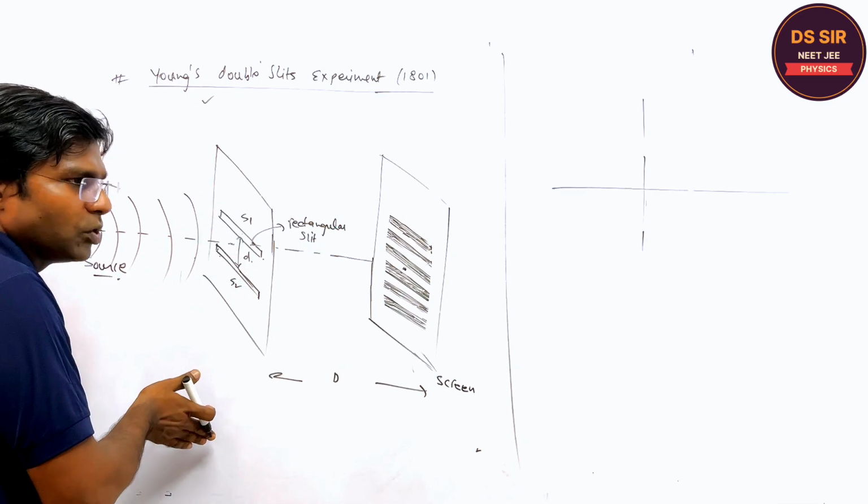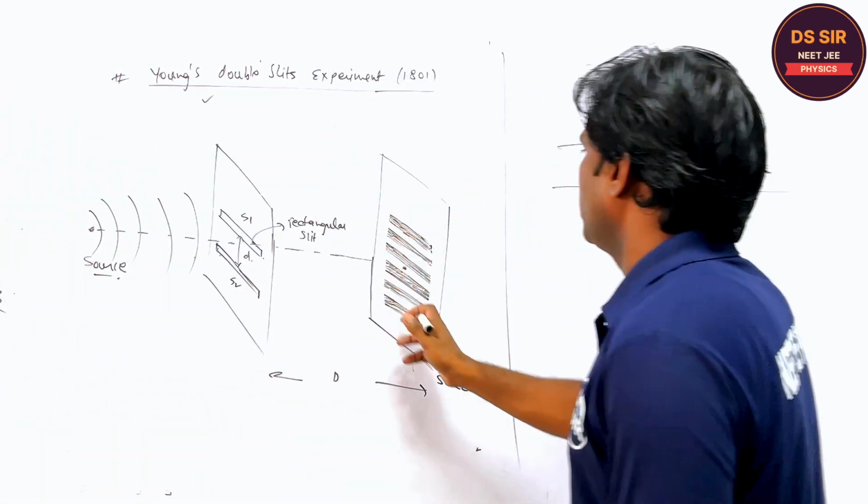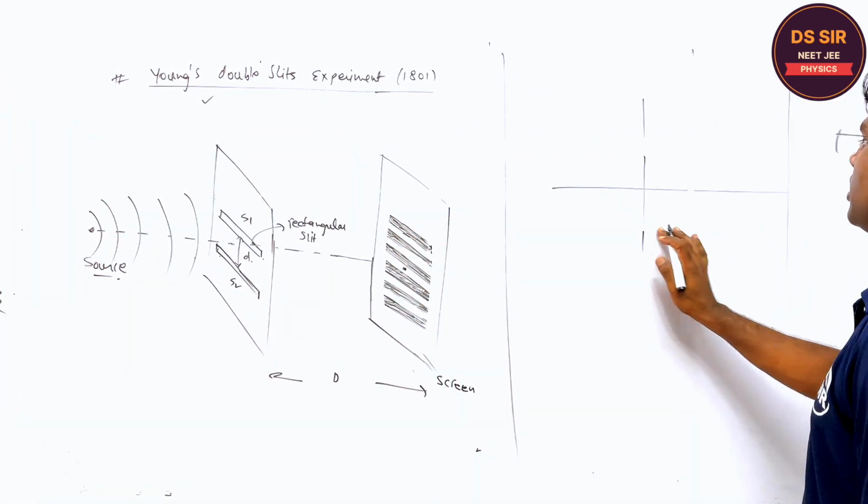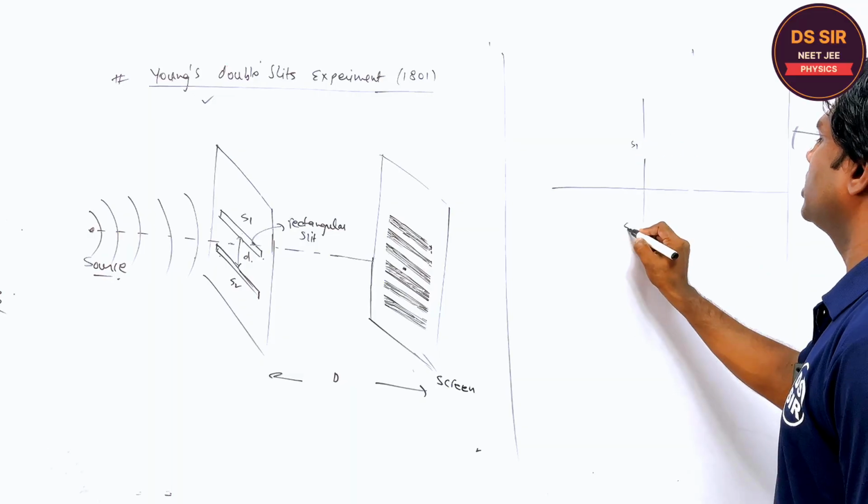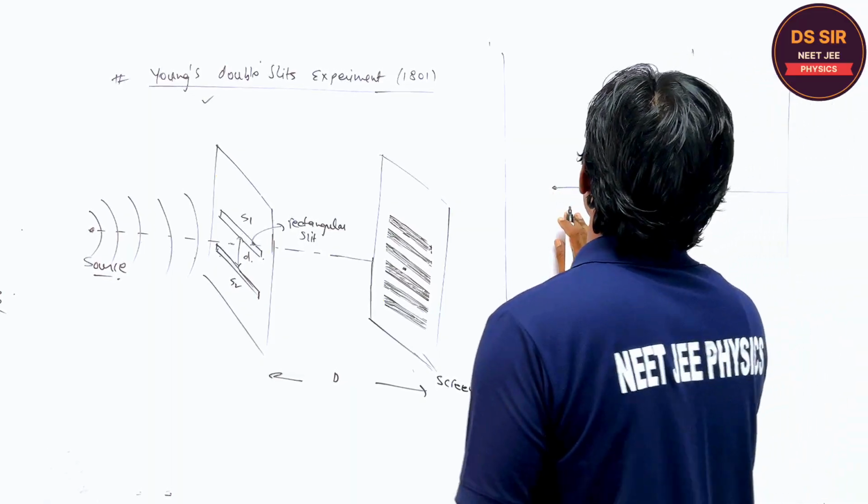If you cut, this is the cross section, and over here the screen. This is the slit S1, this is the slit S2, and this is the point source.